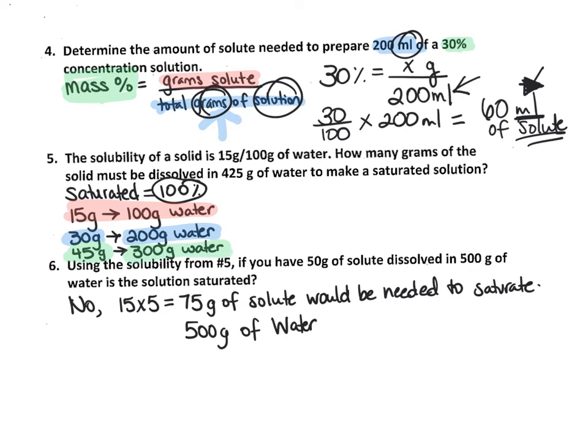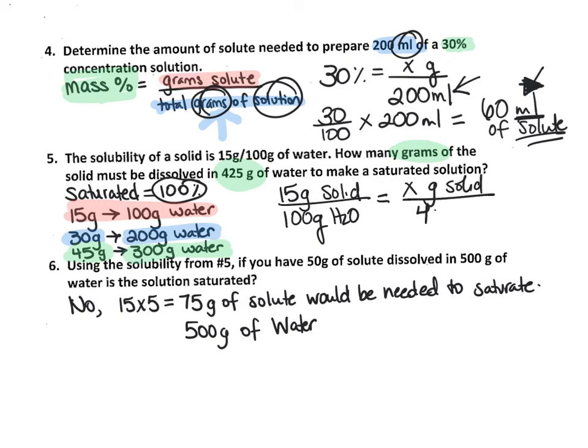We want to figure out how many grams are going to be needed for 425 grams. We can set this up as a ratio. If 15 grams of the solid is needed for 100 grams of water, we can set that equal to an unknown number of grams of solid needed for 425 grams of water.